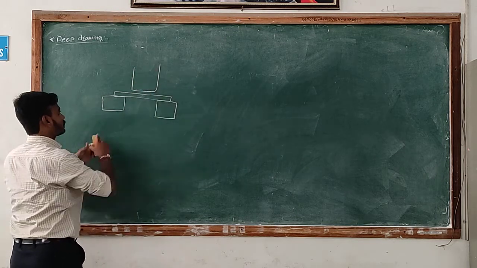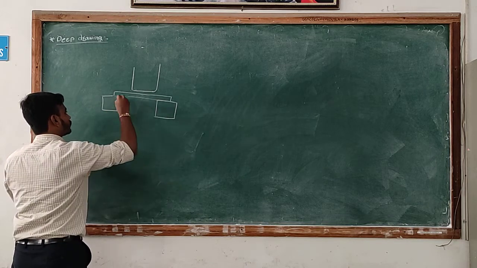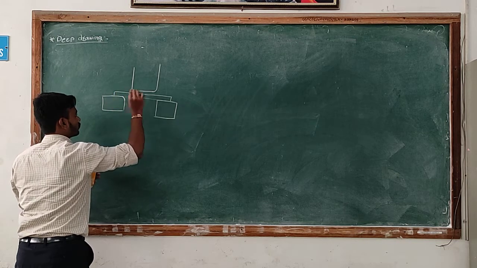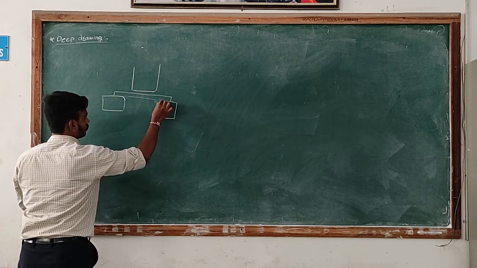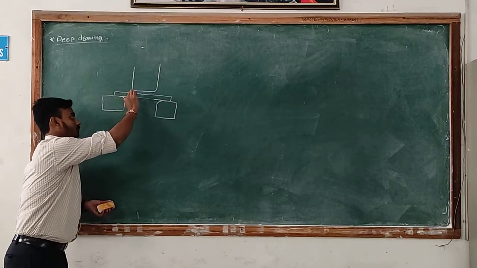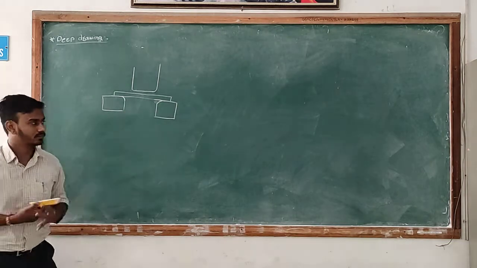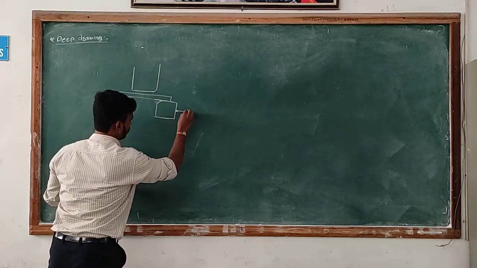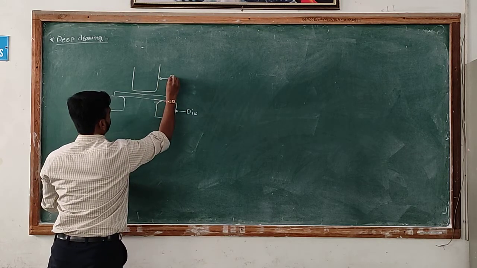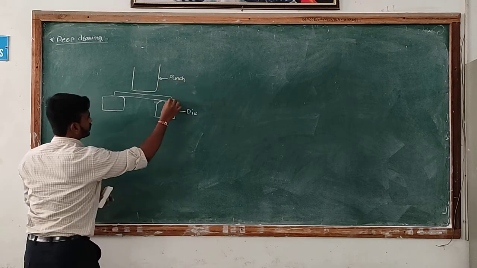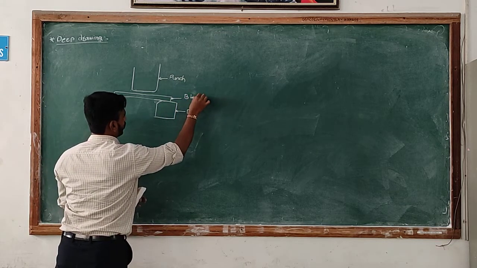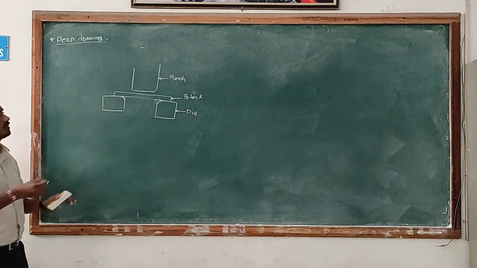This is the punch, and this raw material is called the blank.